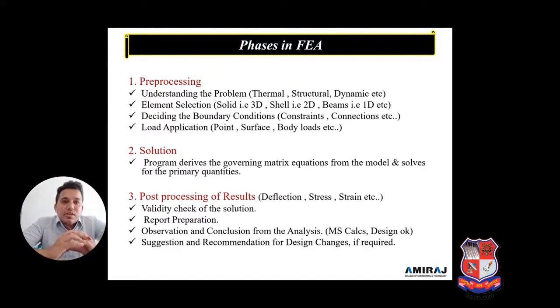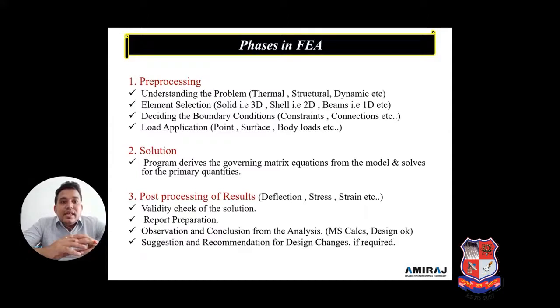This is the pre-processing. Now the solution involves flow charts and algorithms. The program derives the governing matrix equation from the model and solves it. For the solution we use different methods, along with flow charts and algorithms. The last one is post-processing, which is the result form.